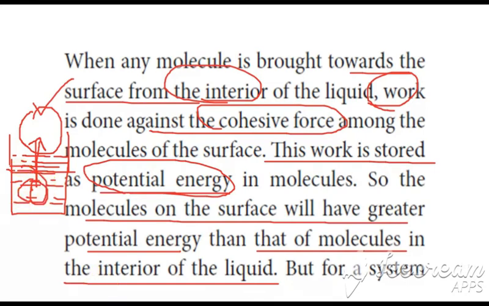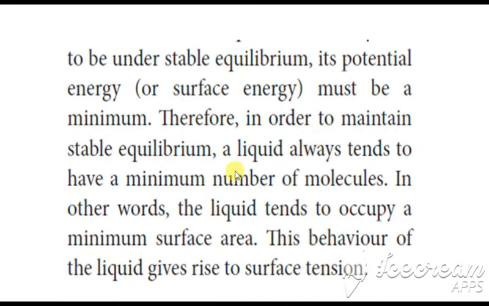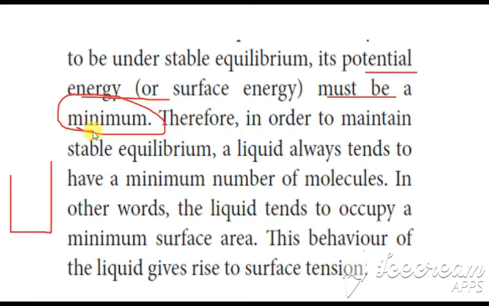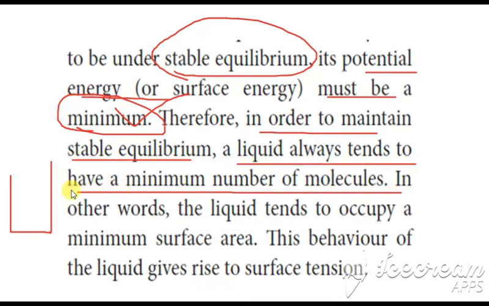Clear. But when a system is in stable equilibrium, its potential energy must be minimum. So for stable equilibrium, the condition is that potential energy should be minimum. In order to maintain stable equilibrium, a liquid always tends to have the minimum number of molecules on the surface.